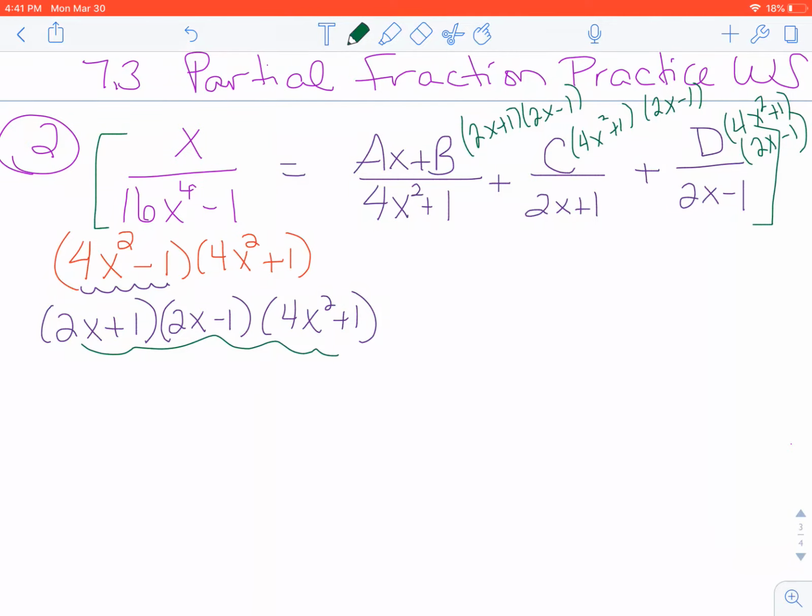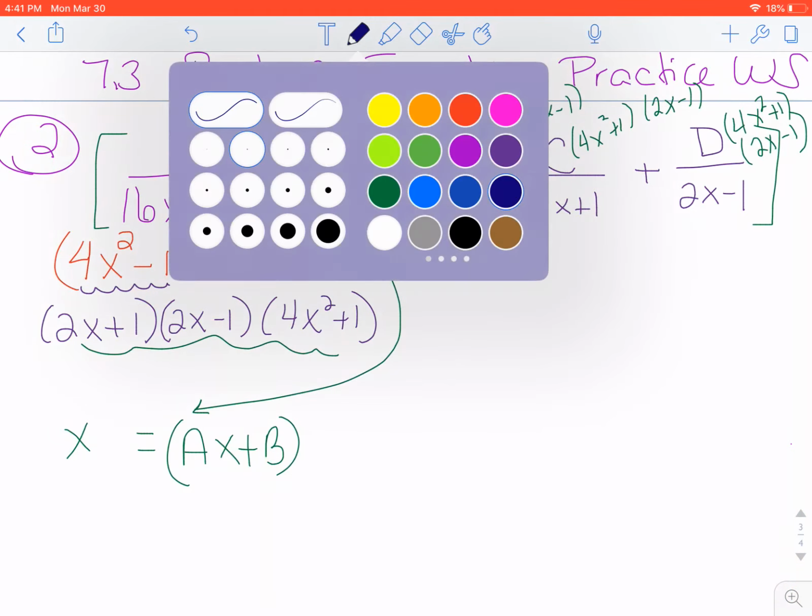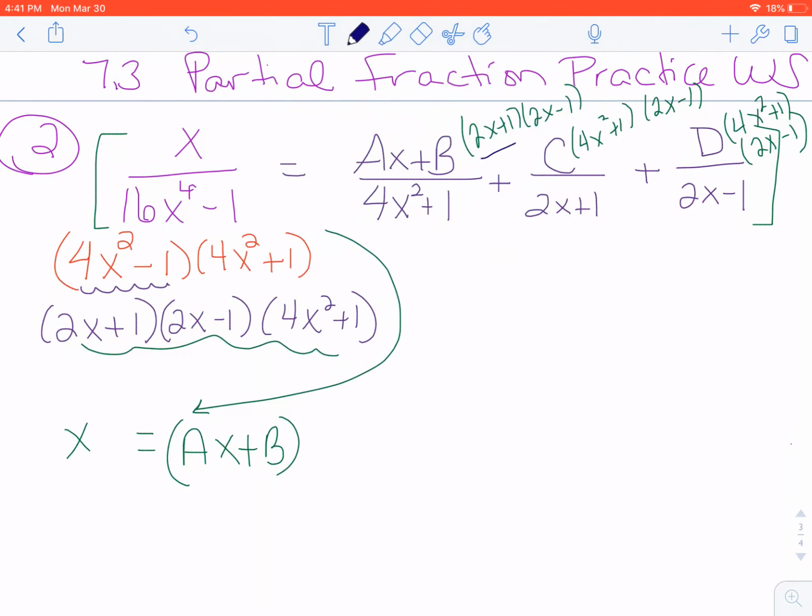So here's where you're going to have a lot of the multiplying, and I'm going to write this down here for you. You're going to have an x on the left, and only an x. And then you're taking ax plus b, and multiplying that with 2x plus 1 and 2x minus 1.